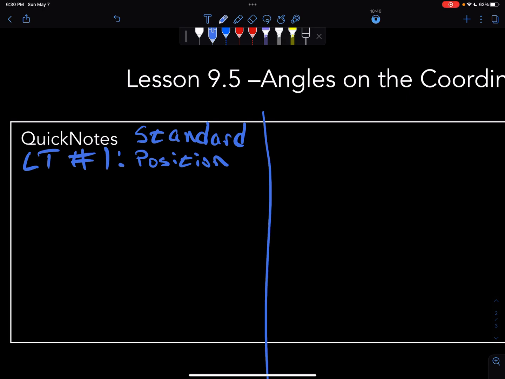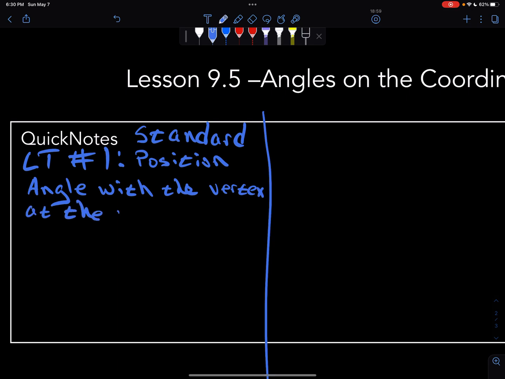It's an angle with the vertex at the origin. And one side on the positive x-axis.